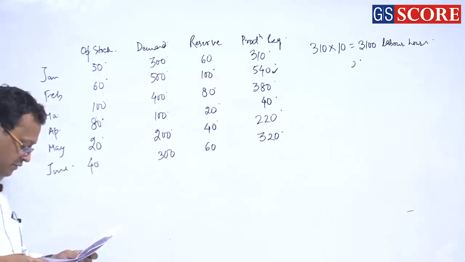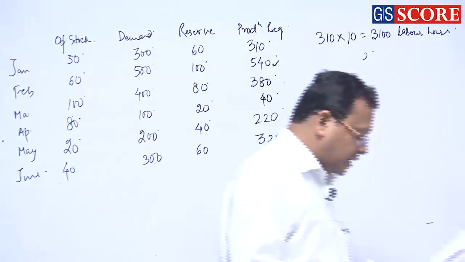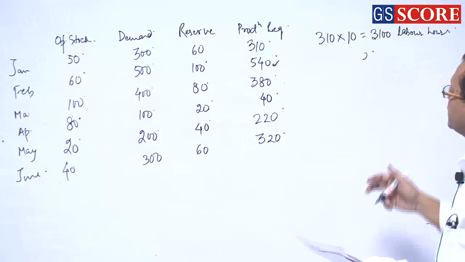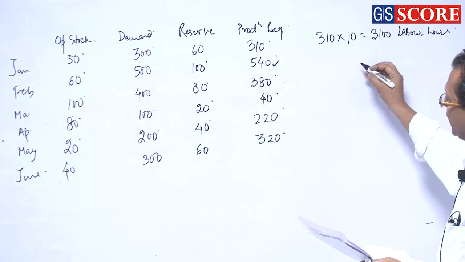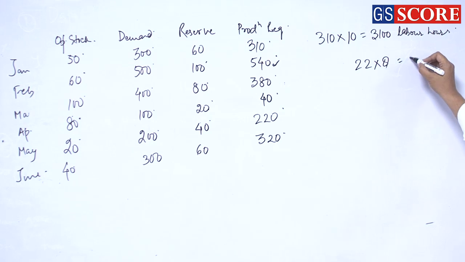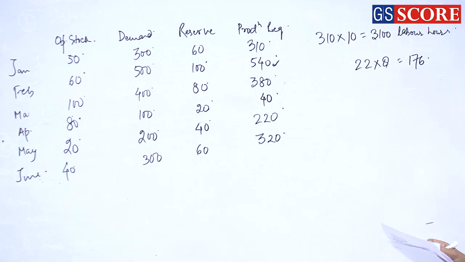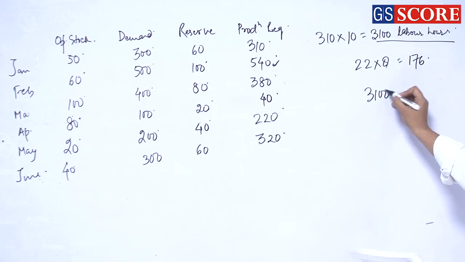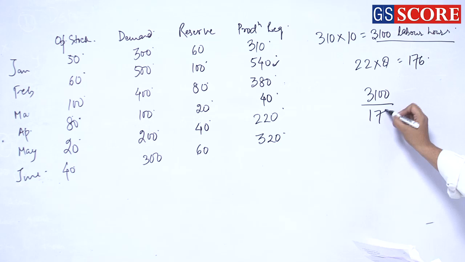And the company works for 8 hours a day. So how many working days? 22 days per month. So for Jan, the total working days will be 22 into 8. 22 into 8 is how much? 176. Right? So 176 labor hours per month. So how many workers are required? 3100 by 176.